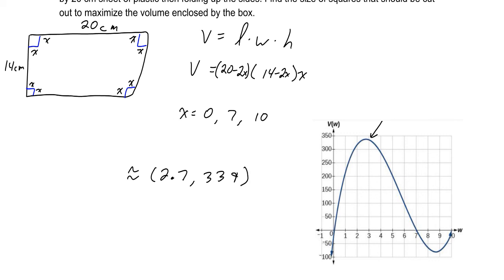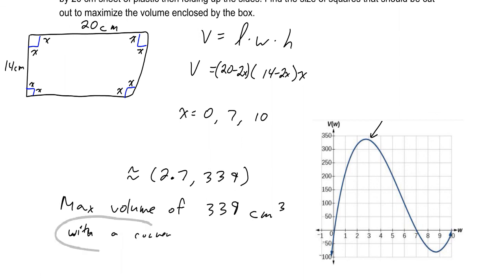That means we have a maximum volume of 339 cubic centimeters with a corner size of about 2.7 centimeters.